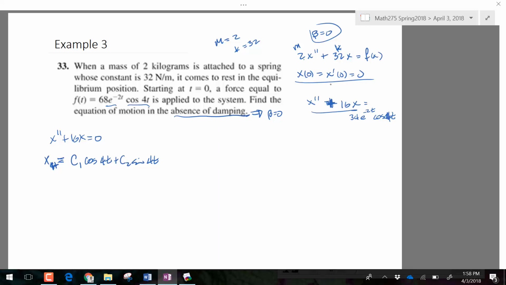The x sub p is probably going to be the solution for the force, but I'm just saying for this part, C1 and C2 will end up being zeros.